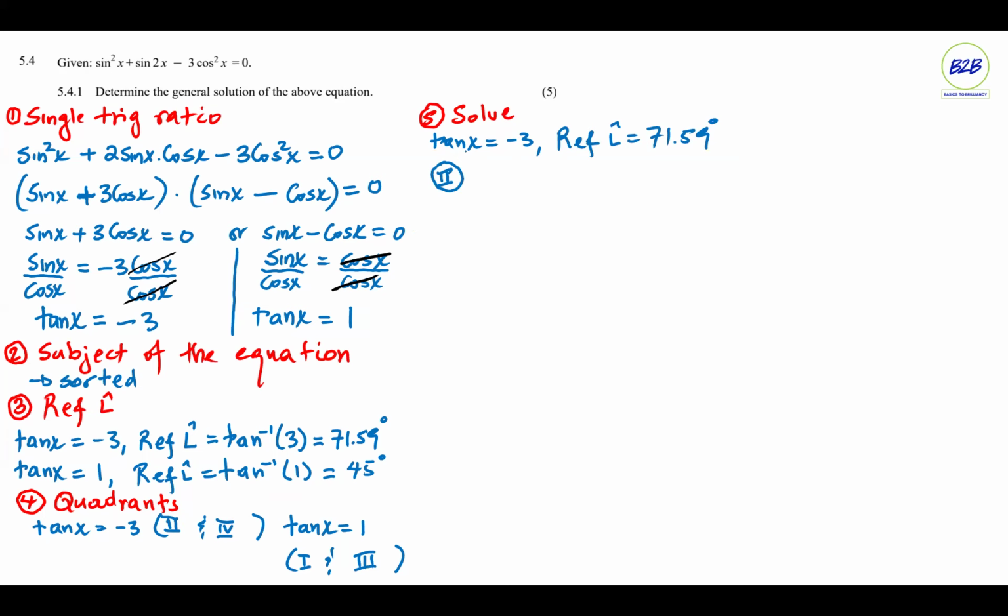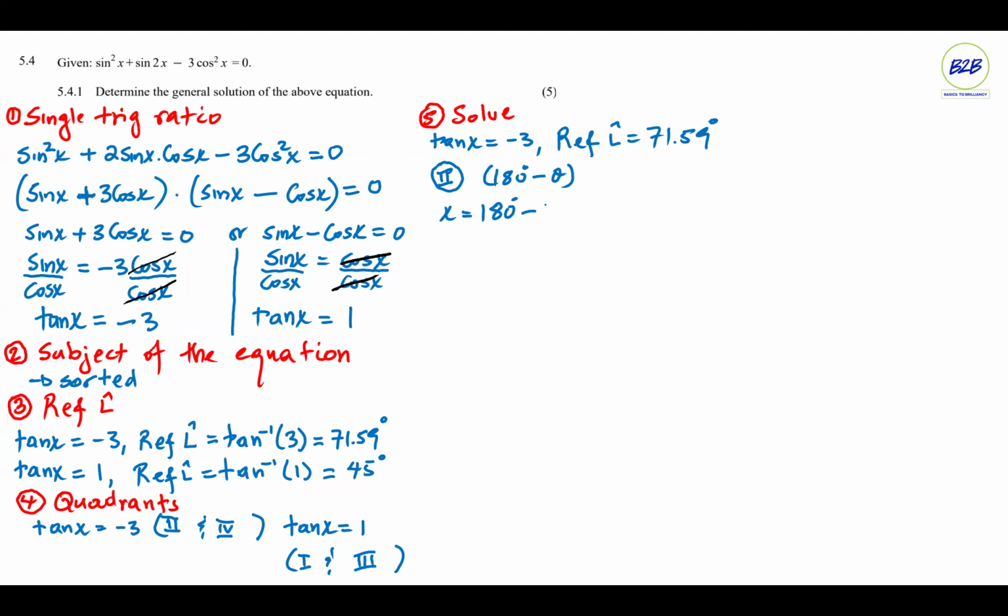And then we will say, okay, in the second quadrant, what reduction formula do we then have? 180 degrees minus theta. What is theta in this case? It is the reference angle. So we will then say x is equal to 180 degrees minus theta.